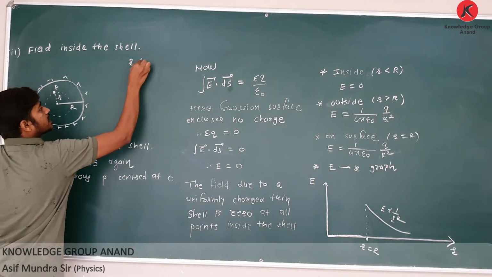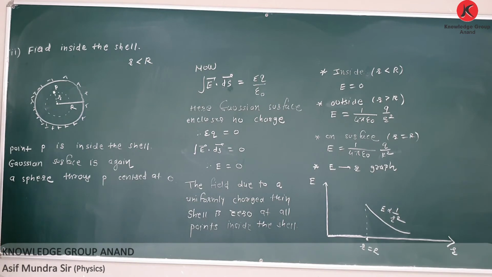Inside the shell means I can write r less than R. So now again we will assume one Gaussian surface passing through point P, a sphere of radius small r passing through point P.